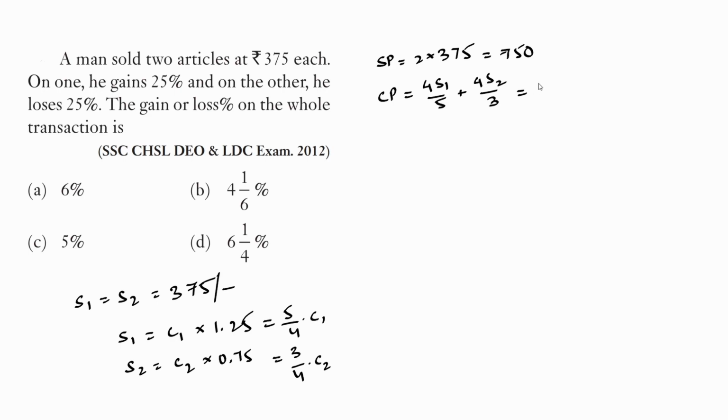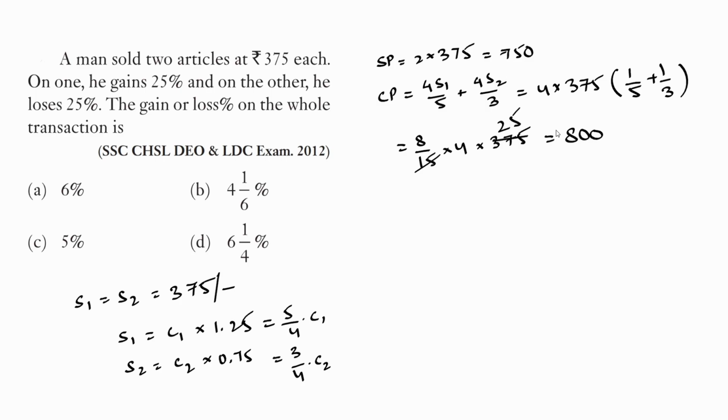The numerator is basically same for both, so that's 4 times 375 and 1 by 5 plus 1 by 3, which equals 8 by 15 times 4 times 375. 15 2s are 30, 75, 25 4s are 100, that is basically 800.